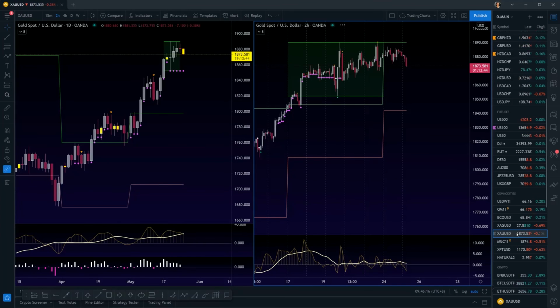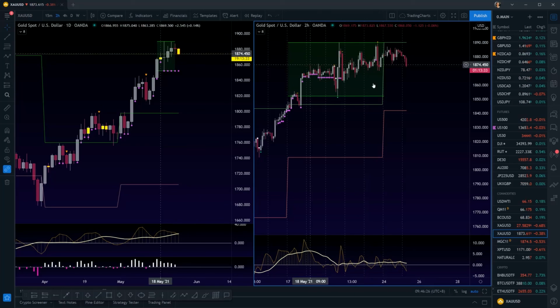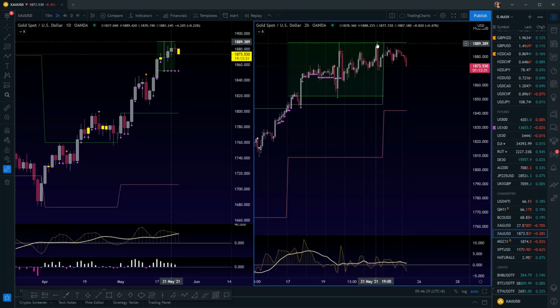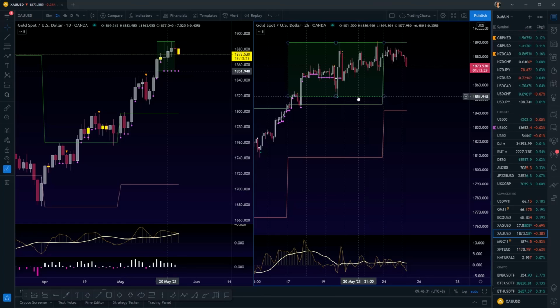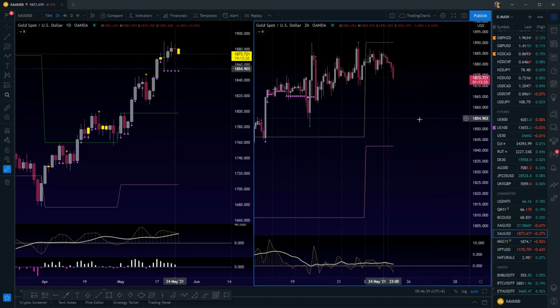There's nothing to trade. Gold didn't break out of this day candle that set the upper and lower boundaries. It didn't even break out on the top yet, just to the pip. So no trade as well.